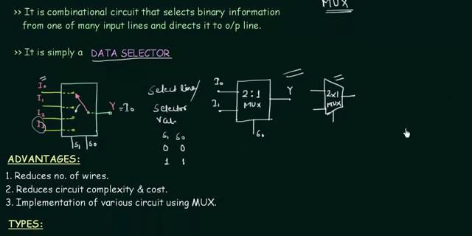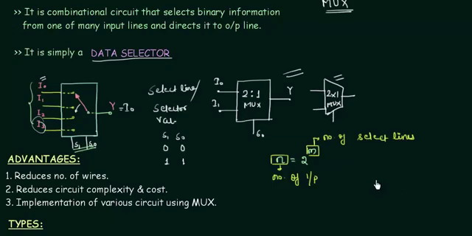Now another important thing is the relation between the selector variables and the inputs. Let's say n is the number of inputs and it is equal to 2 raised to the power m. Then this m gives you the number of select lines, and n is your number of inputs.